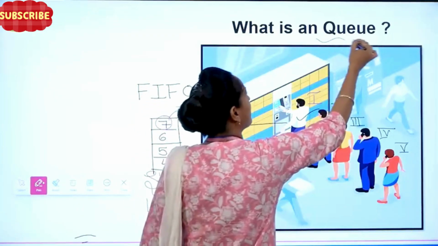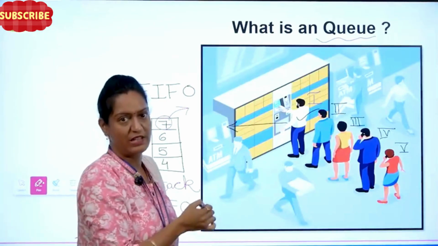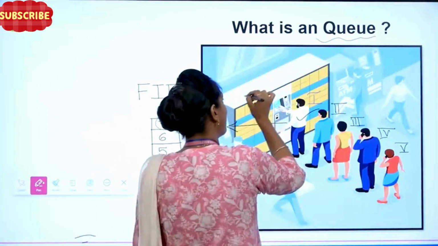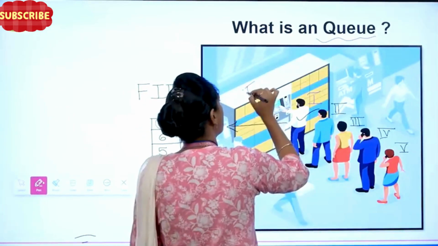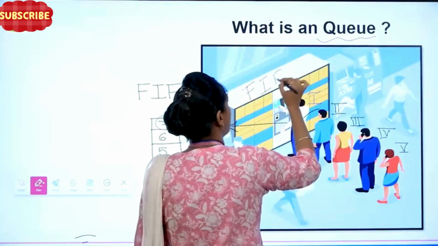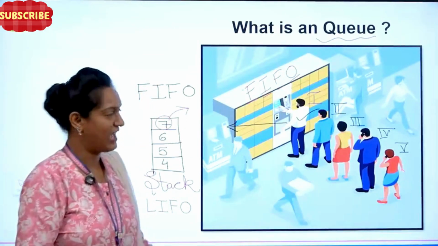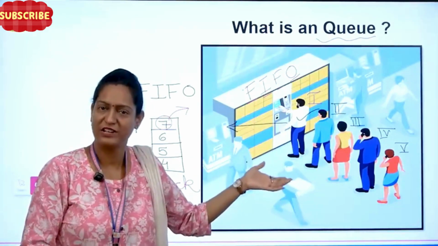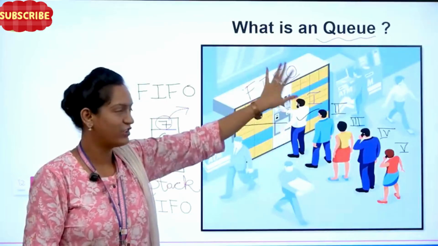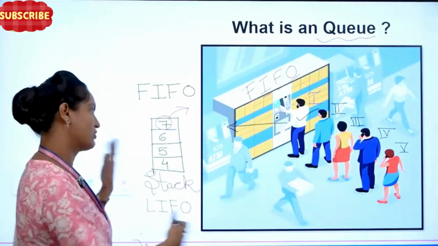Whereas a queue is based on FIFO, that is the first in first out strategy. I hope now you understand the concept of queue. Okay, then we will go to the next slide.